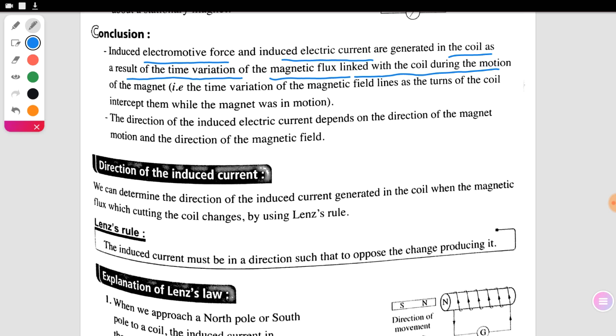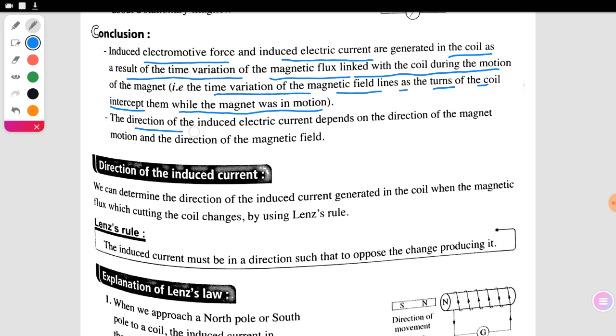Induced electromotive force and induced current are produced due to the variation of the magnetic flux linked with the conductor, as the magnetic field lines are intercepted, changed, cut by the turns of the coil while the magnet is in motion.